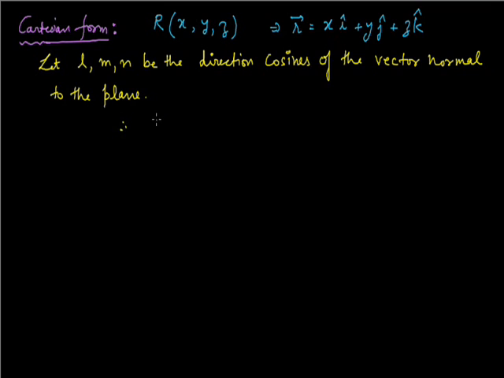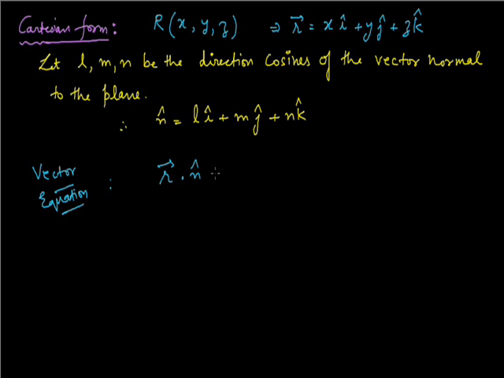Therefore, we can write n cap in the component form as l into i cap plus m into j cap plus n into k cap. From the vector equation of plane, we have R vector dot n cap is equal to D. Let's put the values of R vector and n cap.